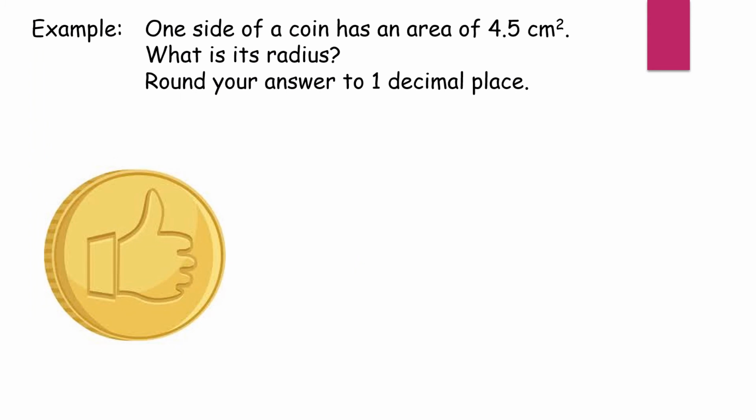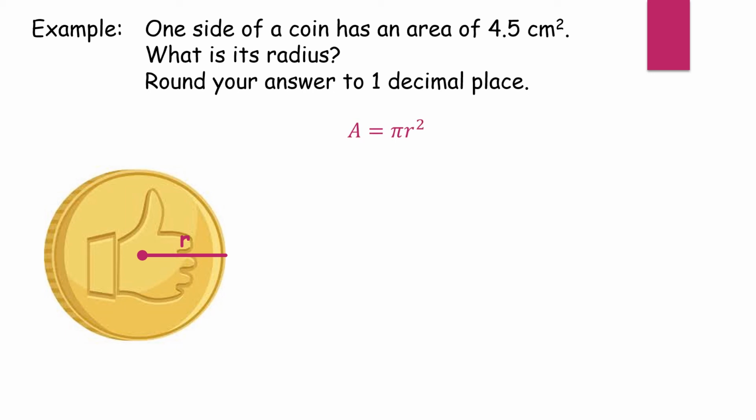So the example we've got here: one side of a coin has an area of 4.5 centimeters squared. What is its radius? And we're going to round our answer to 1 decimal place. So the radius is going from the center to one side of the coin.